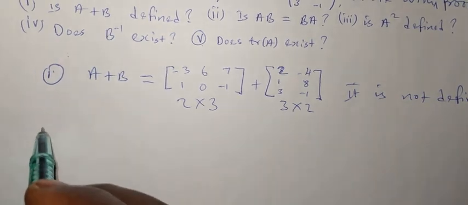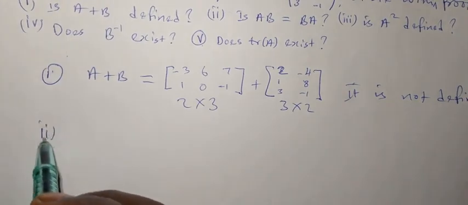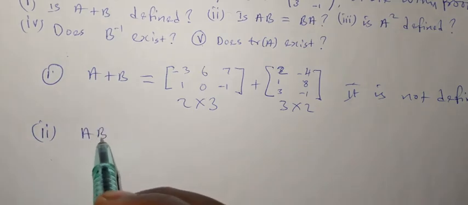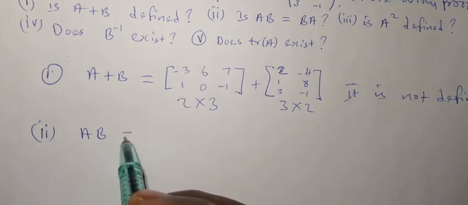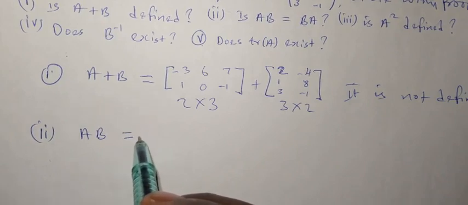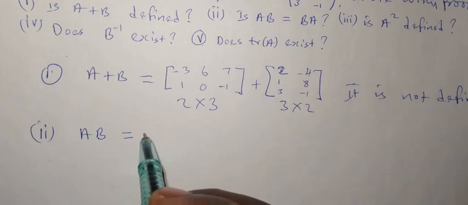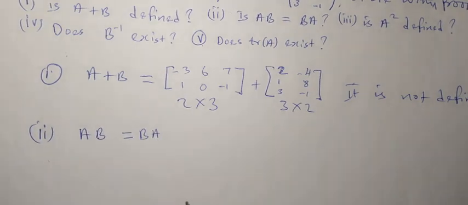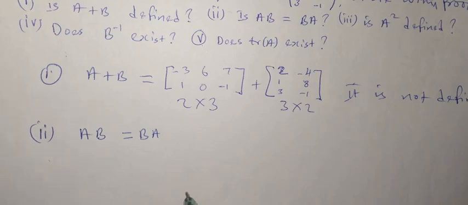The second question here: we have A times B, and we should state whether it is defined, and whether it is the same as B times A. We are to do it without proofs. Now let's look at this carefully.